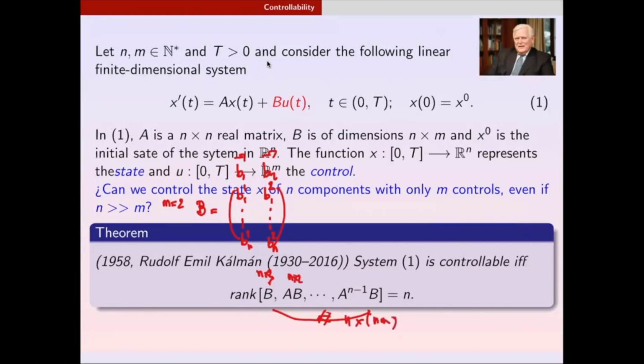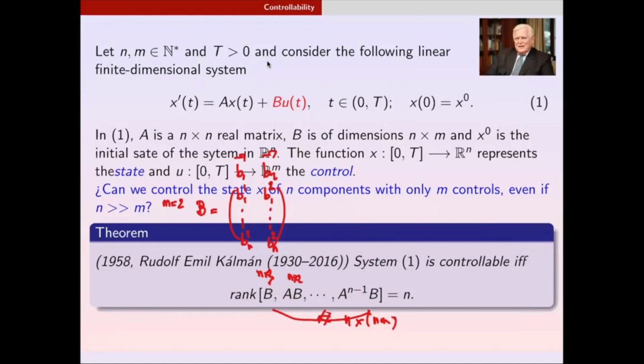So then, of course, when you have more controls, the chances of controlling the system will increase, right? Why? Because now the dimension of the system is n times m. And there are plenty of possible choices of square submatrices n times n, so that I can fill the rank equal to n.